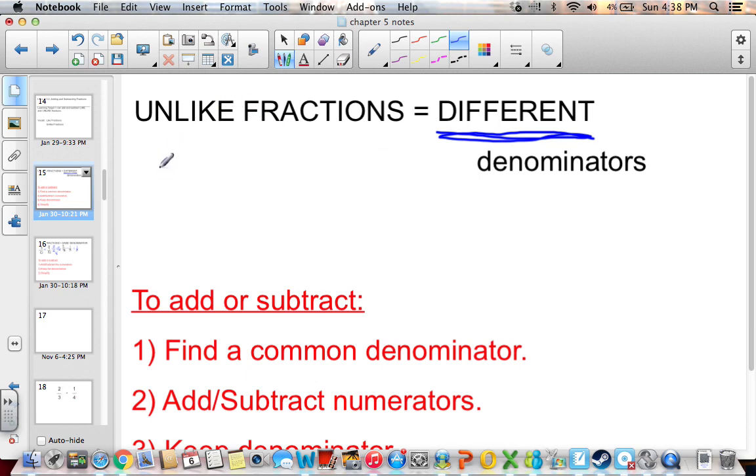So unlike fractions would be 1/2 and 2/3, because our denominators are different, or 3/10 and 4/11. So our denominators are different.